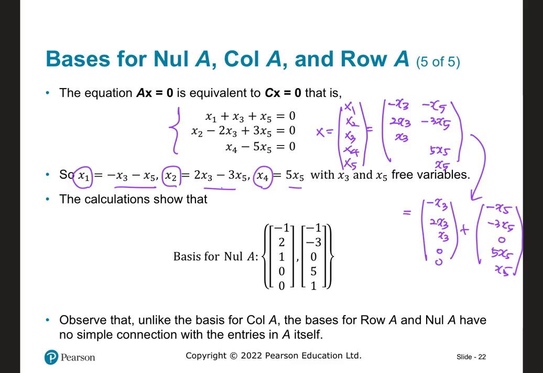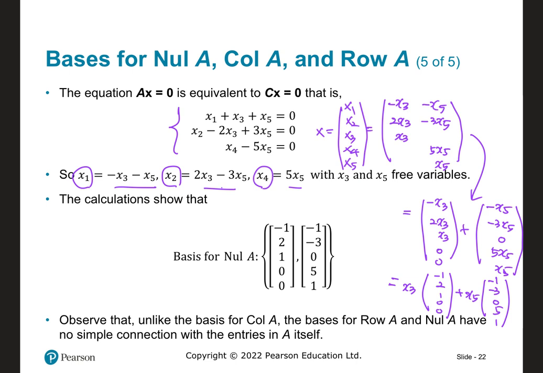In the first vector, each entry is a multiple of x3, so that can be written as x3 times negative 1, 2, 1, 0, 0. The second vector can be written as x5 times negative 1, negative 3, 0, 5, and 1.